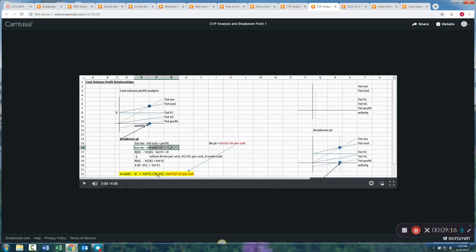By definition, the contribution margin is the revenue minus the variable costs. So again, here's where the distinction between variable and fixed costs becomes really important and useful for us. And once we can determine the break-even point, we can do a lot of what-if analysis. So the cost, volume, profit analysis relates to break-even analysis and many other aspects as well.